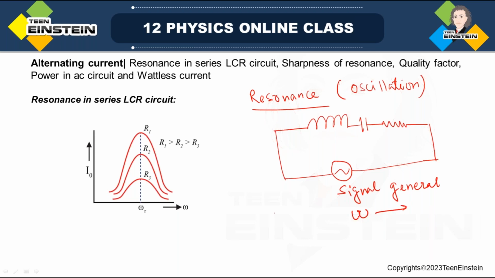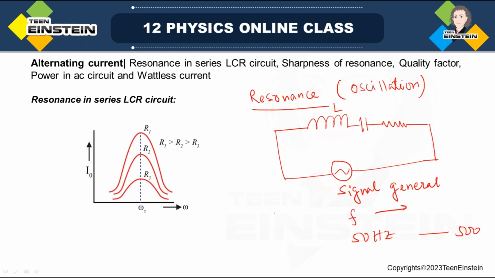This is angular frequency, and we can write this angular frequency as 2 pi f equals omega, where f is the normal frequency, which has the unit hertz. This frequency can be varied, suppose from 50 hertz to 500 hertz.